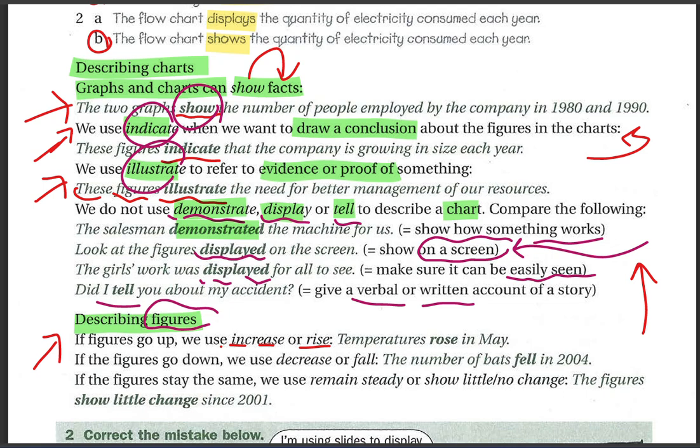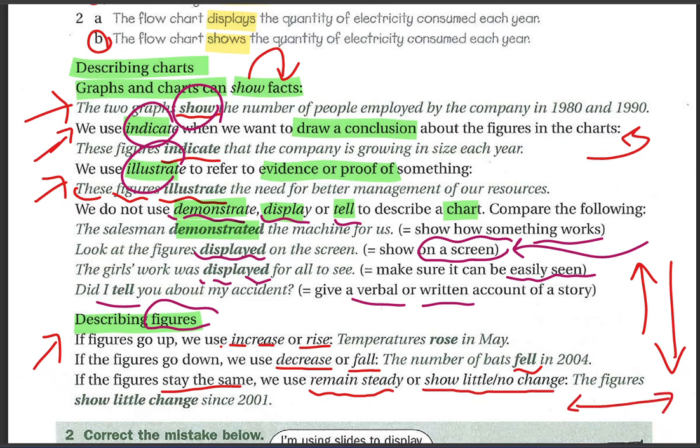If the figures go down, use decrease or fall. So when it goes down, you can use the verb decrease or fall. The number of bats fell in 2004, the past form of fall. If the figures stay the same, okay, we use remain steady or show little or no change.